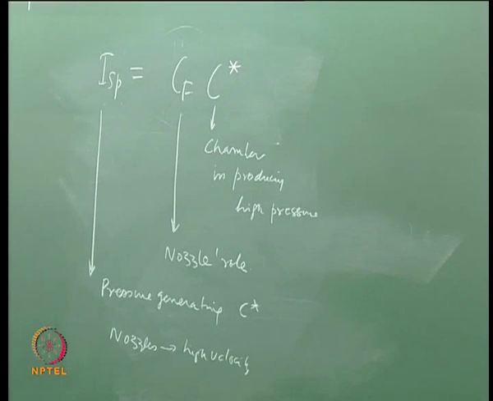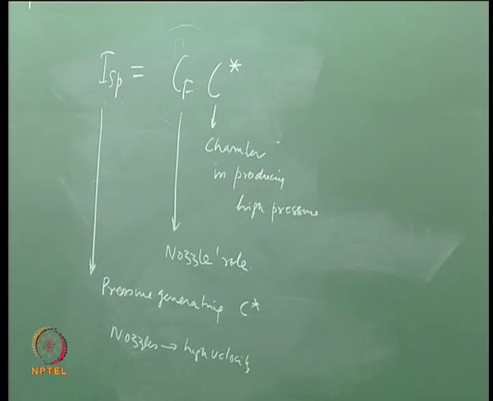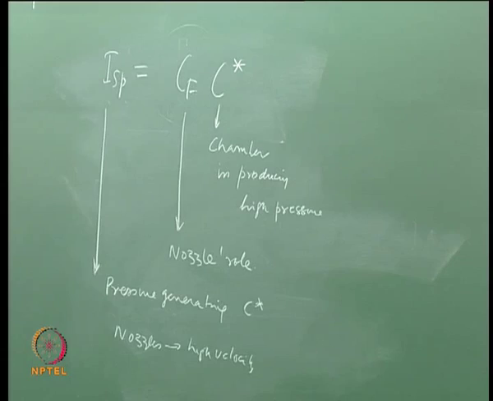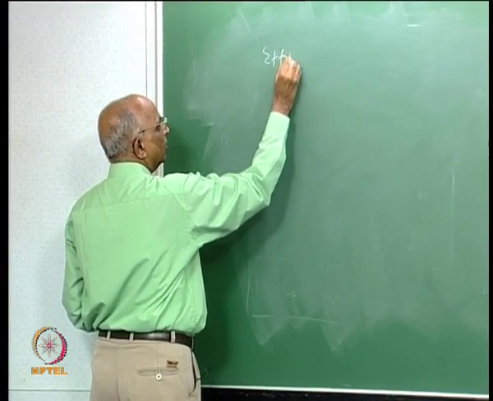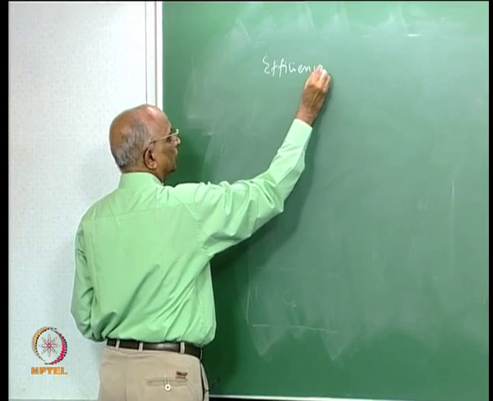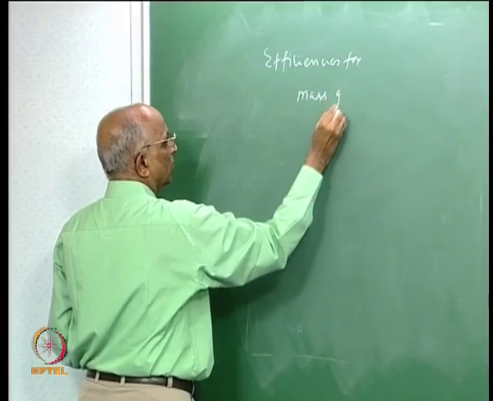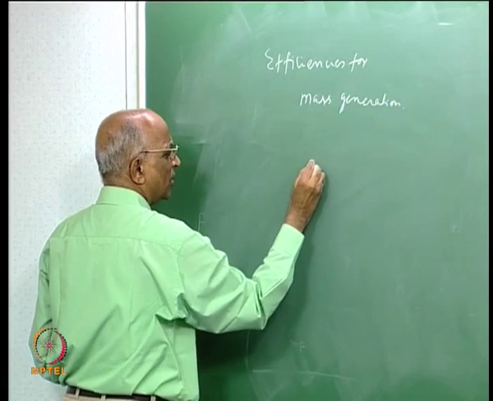But you know what we have done so far is all ideal, one dimensional and all that. Therefore, it is necessary for me to go back and ask myself, everything cannot be ideal. Therefore, there has to be some efficiencies, and can I talk in terms of efficiencies for mass generation and efficiencies for thrust.